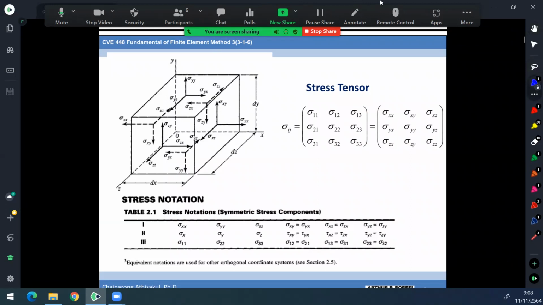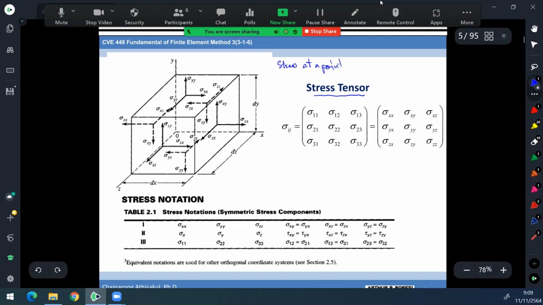The stress tensor notation is used when we focus on the stress at a point, stress that occurs at a point of a body.